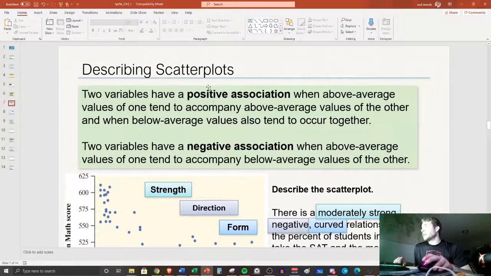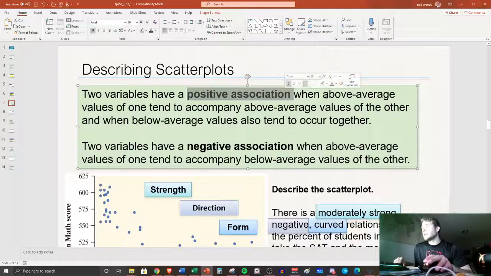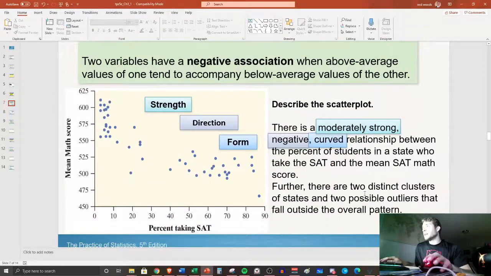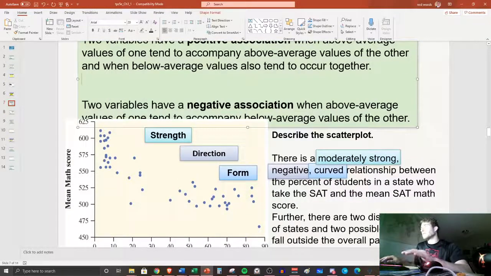So we're still talking about describing scatter plots. So we talk about a positive association. It says when above average values of one tend to accompany above average values of the other, and when below average values also tend to go together. Okay, so that's sort of a weird way of saying that. Hold on a minute. I want to rephrase this. So we'll write this.